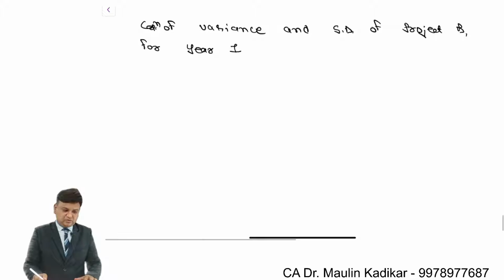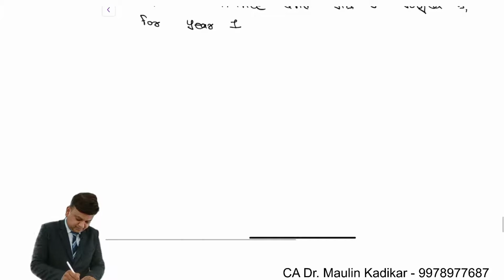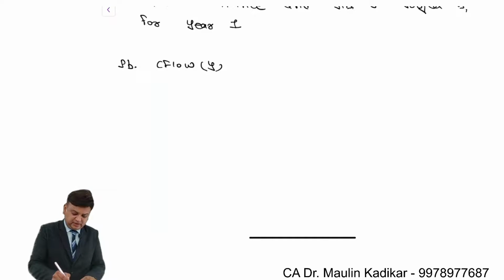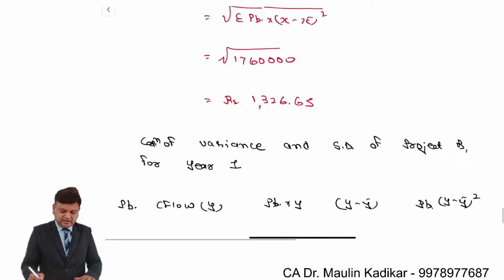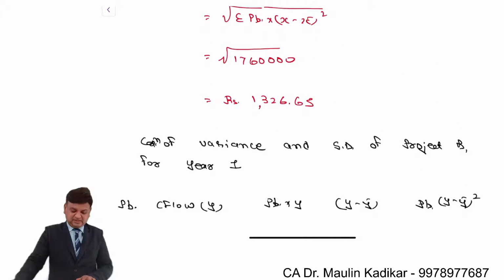This is what we are required to do. Again, the same sequence is required to be followed. Column number 1 is probability. Column number 2 is cash flow. Let me assign y variable to it. Probability into y, minus y bar, y minus y bar whole square into probability, and summation of that is variance.